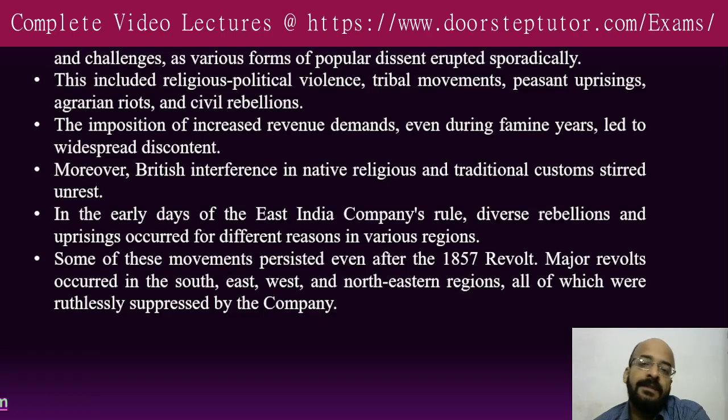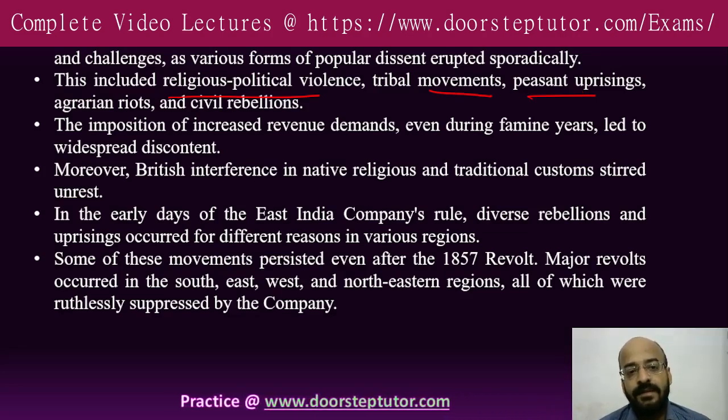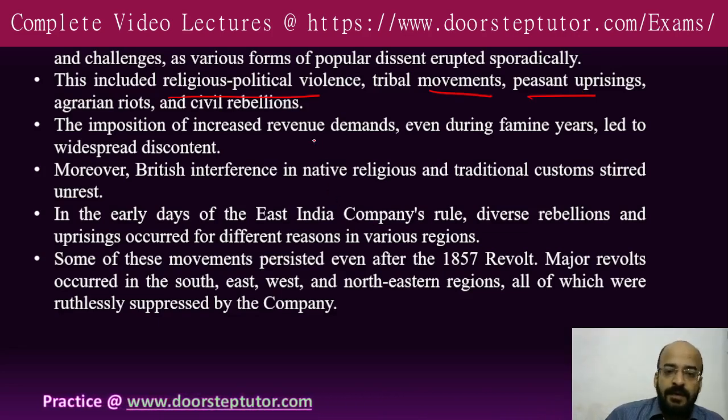The character of 1857 included religious and political violence, tribal movements, and peasant uprisings. All the movements going on in India came under the umbrella of the 1857 revolt. There were many reasons.